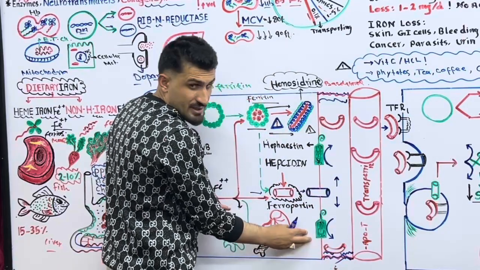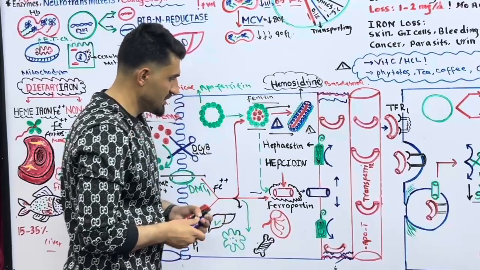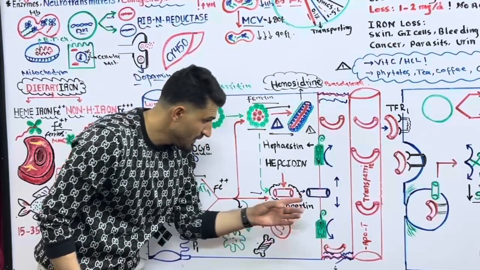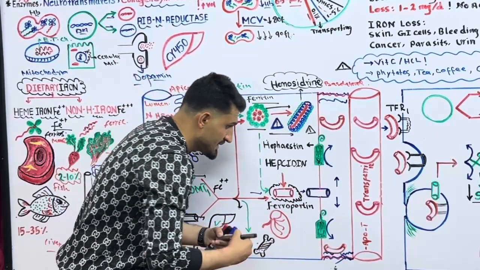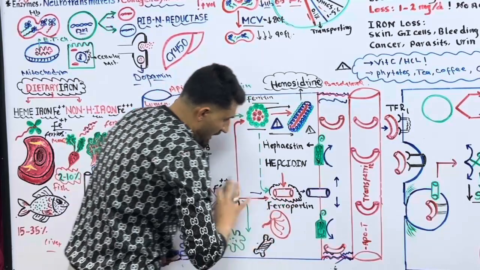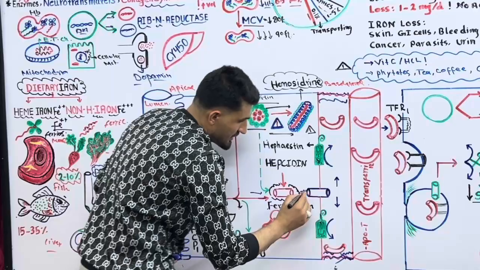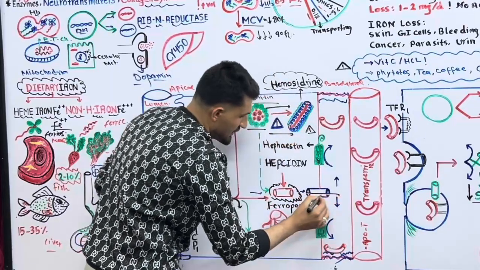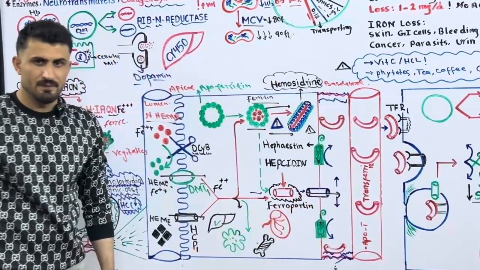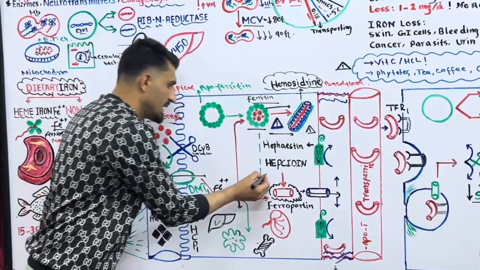This is the intracellular area, this is the extracellular area. Keep it in your mind, listen to me carefully. This iron is transported from the inside of the cell to the extracellular area by this protein called ferroportin. So this is a very important protein. Keep it in your mind.